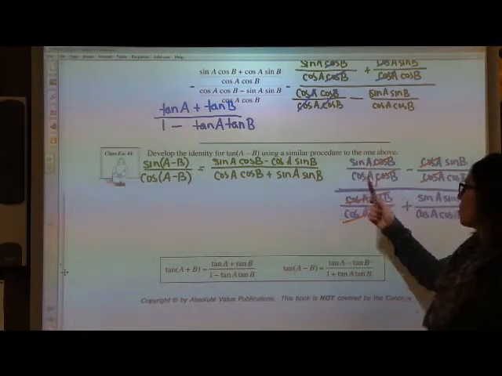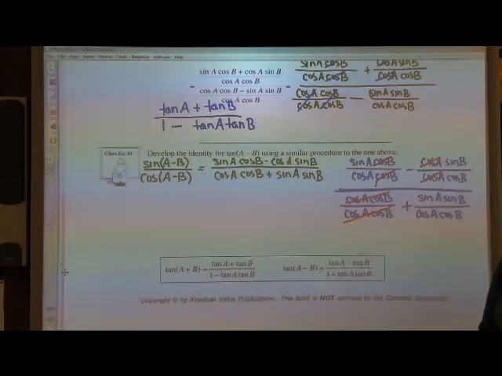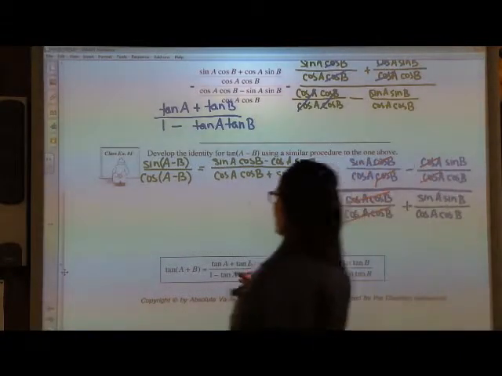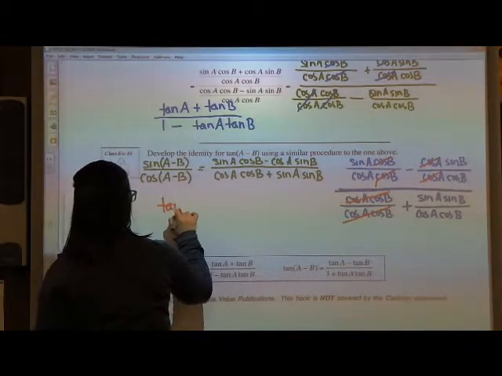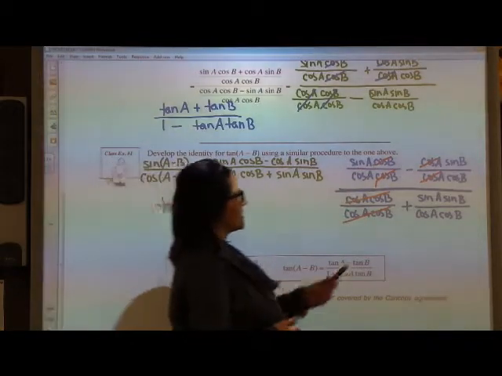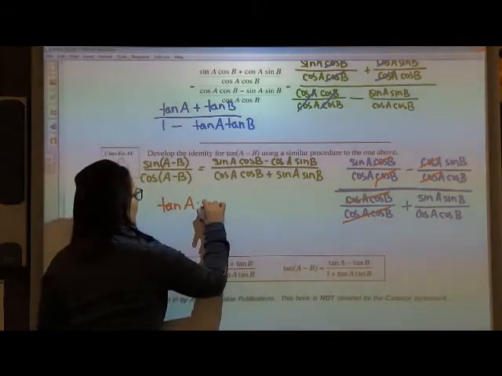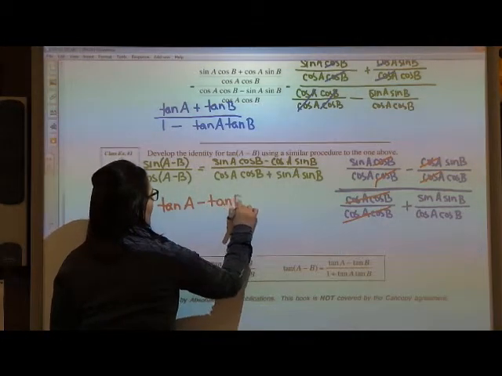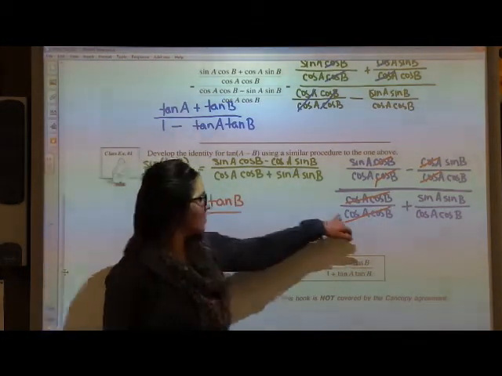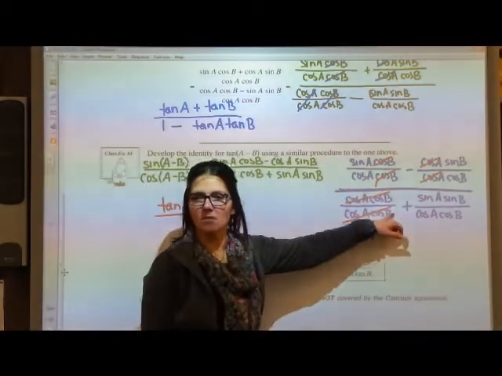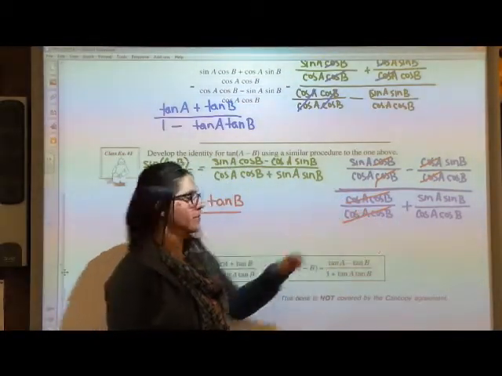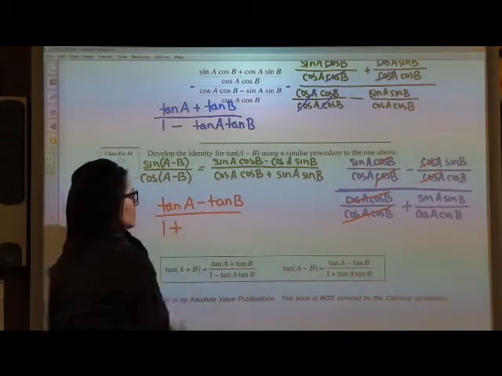So what's sine A over cos A? Tan A. And sine B over cos B? Tan B. So I get tan A minus tan B over, what do I end up with here when I cancel the top and the bottom out? 1.